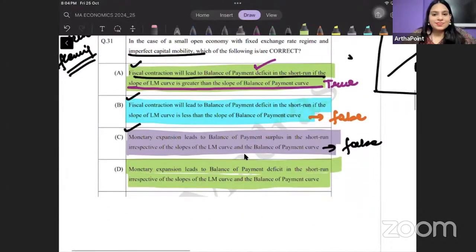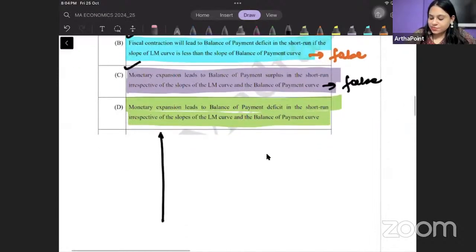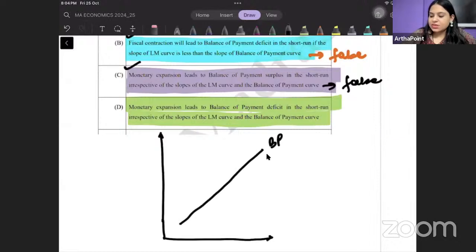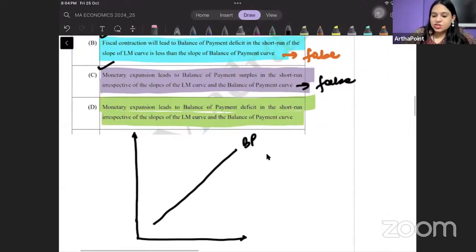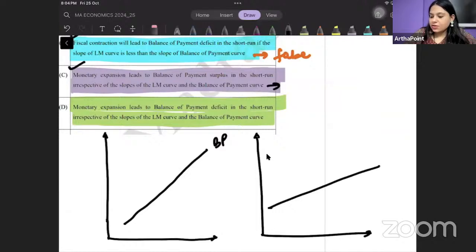So now, let's look at monetary expansion. Let me just show you that also. This is BP, steep. I will just prove the last statement also. And this is BP, flat.